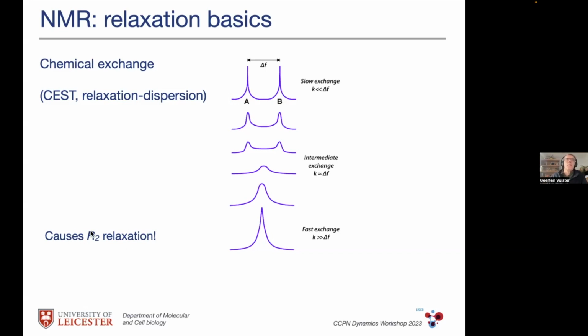The net effect is that this causes additional terms contributing to the so-called R2, the transverse relaxation. You may have seen that this is actually used in the CEST experiments, or relaxation dispersion experiments, where we are particularly focusing on and studying these kinds of effects.